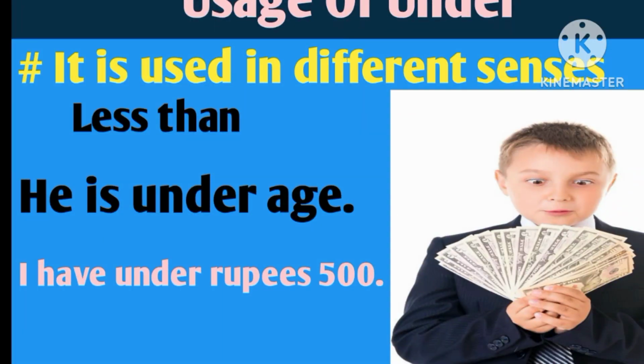My dear friends, the preposition under conveys the meaning less than. Let's look at the example. He is underage. Look, he is underage. This is a preposition, and after that we have used its object.